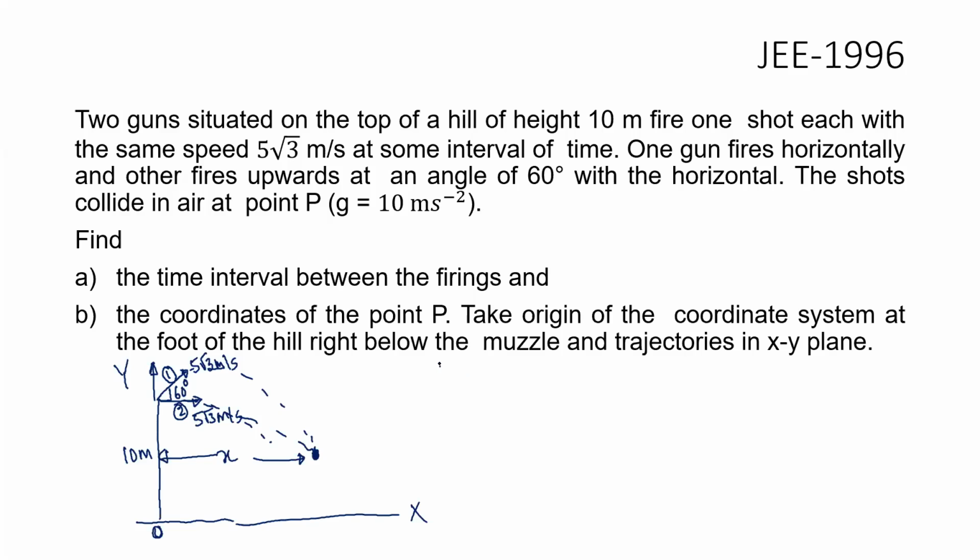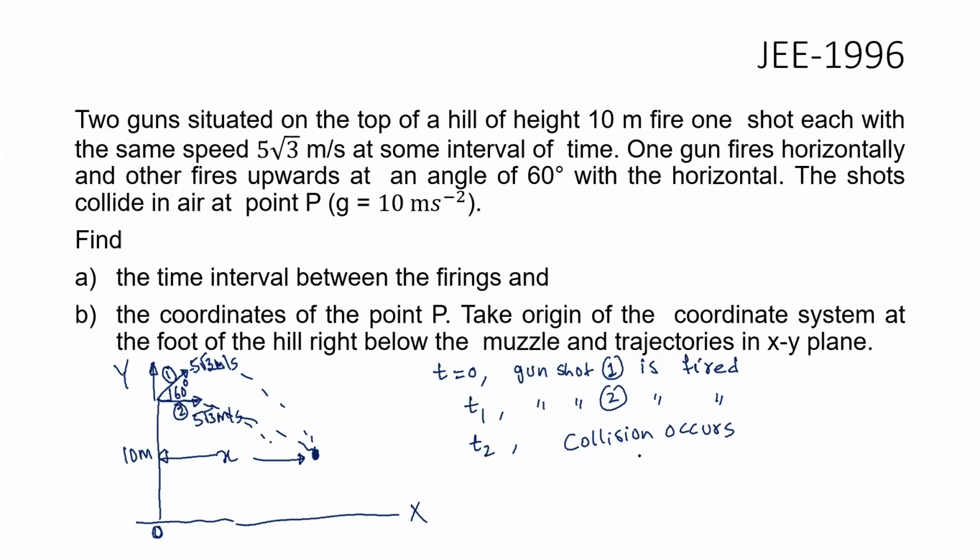If I say that at t equal to 0, gunshot 1 is fired, and at t equal to t1, I'll say gunshot 2 is fired, and let's say at t equal to t2 from the beginning, the collision occurs. So I'm just defining it this way.